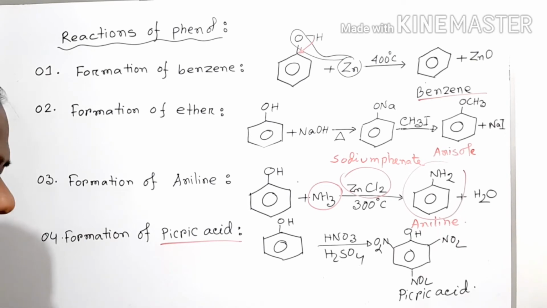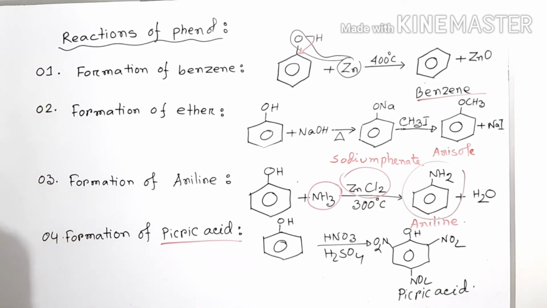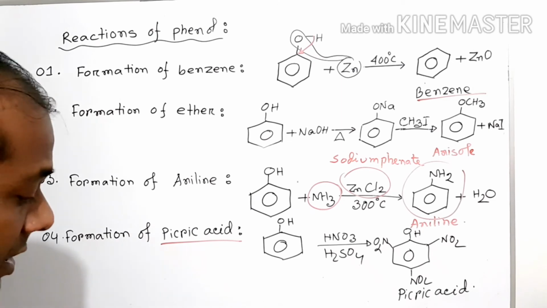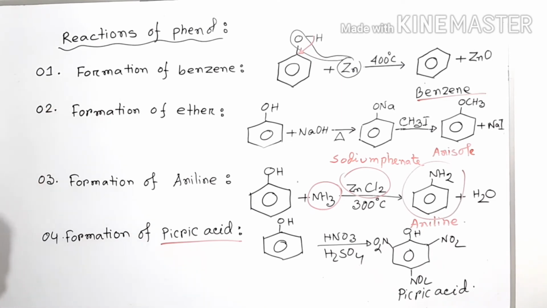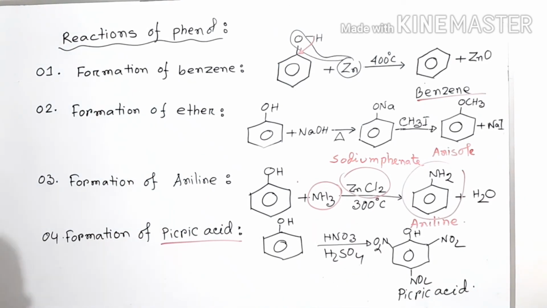It is valuable yellow dye for wool, and it is used for the identification of amine and aromatic hydrocarbon. So the reaction goes this way: when phenol reacts directly with nitric acid and sulfuric acid, it produces picric acid.